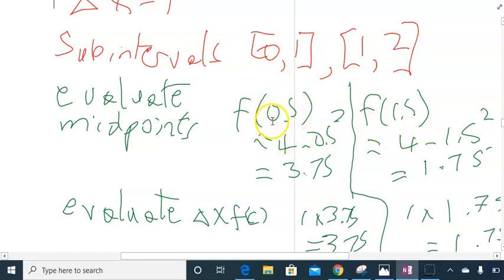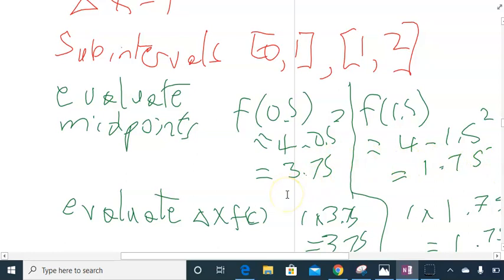And so f of 0.5 is 4 minus 0.5 squared. 0.5 squared is 0.25. 4 minus 0.25 is equal to 3.75. So the height of this first rectangle is 3.75. Now f of 1.5 is equal to 4 minus 1.5 squared. 1.5 squared is 2.25. 4 minus 2.25 will give you 1.75.